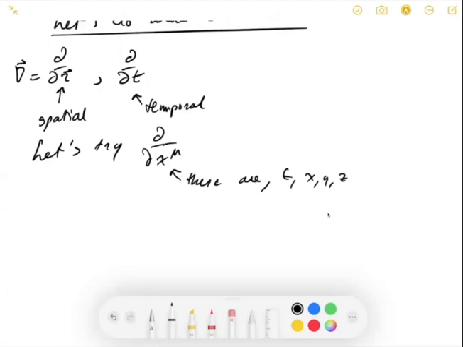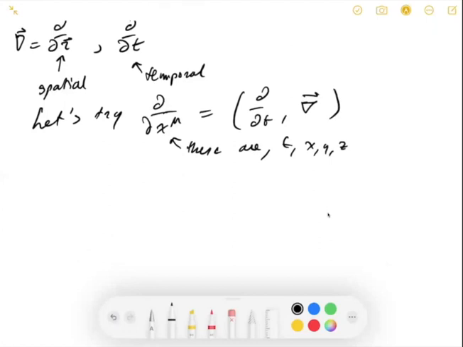So it makes sense to keep that index there. Now, that would mean that we're going to call this d/dt and then the gradient. Okay, so let's try what that does.